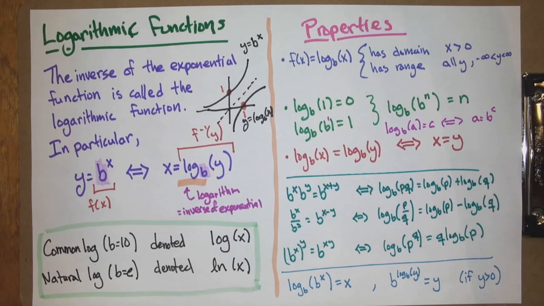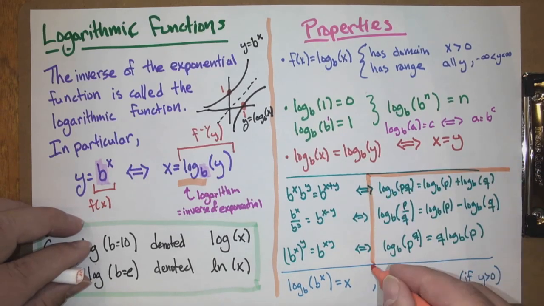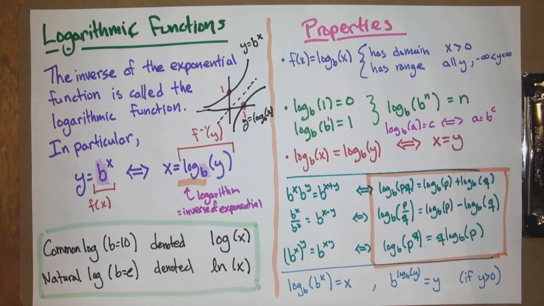Now, these properties of logs, this is why logs played a huge role historically. Because it turns out that addition is considered pretty easy. When it comes to computation, people were happy doing addition. They just like, I get it.